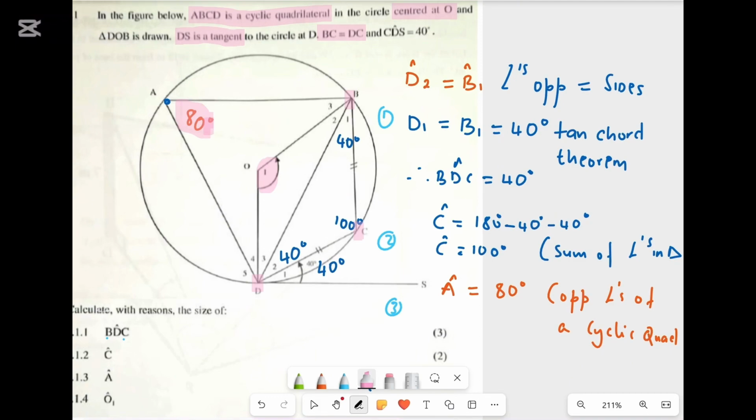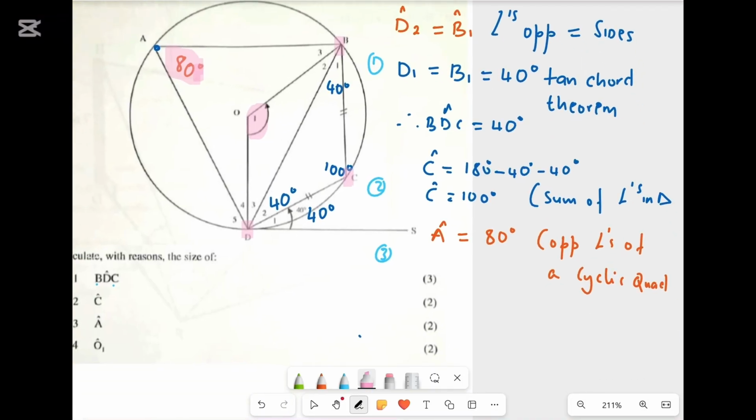So angle O1 will be equal to 80 multiplied by 2. So angle O1 is equal to 160 degrees. Reason: angle at center is equal to 2 times angle at the circumference.